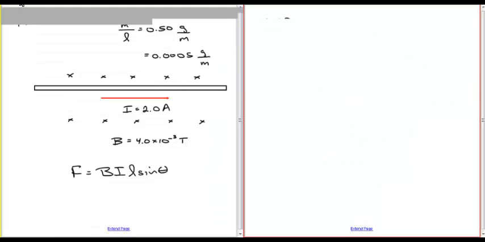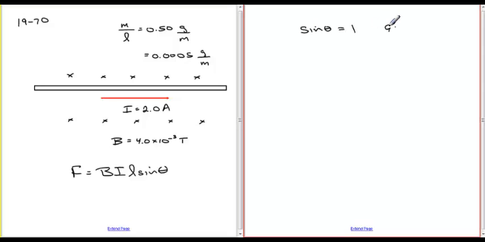Because the current is perpendicular to the magnetic field, the current's going from left to right and the magnetic field is going into the screen, theta is equal to 90 degrees, and the sine of 90 is 1. So we just end up with F is equal to B times I times L.